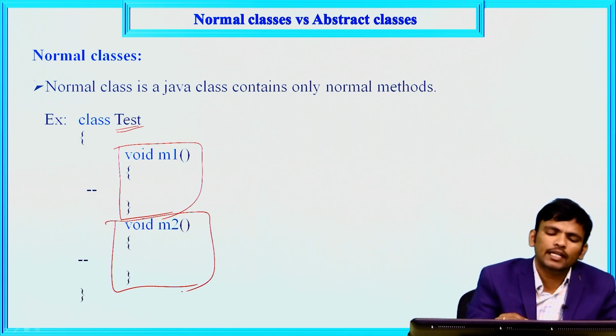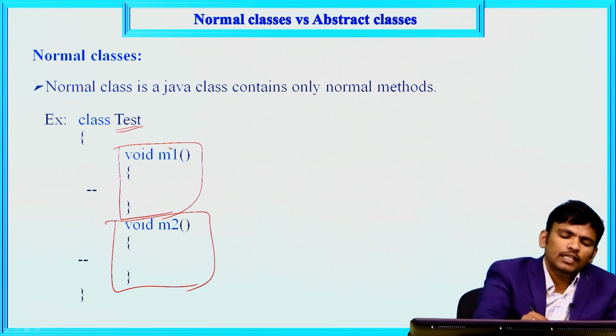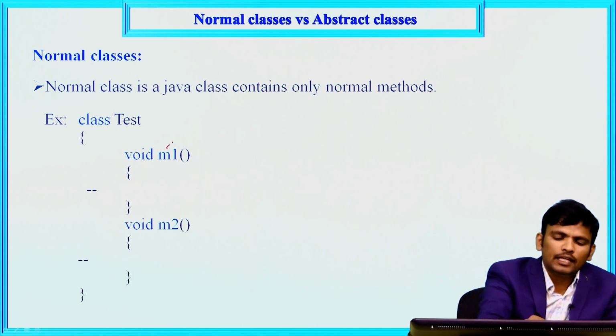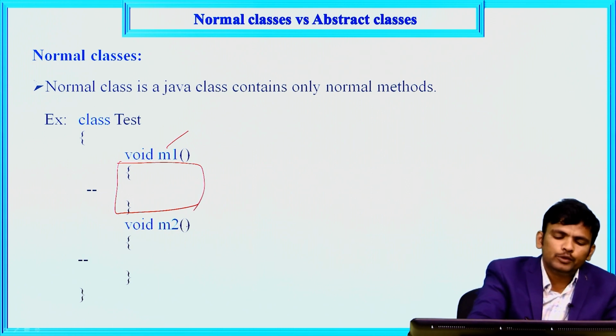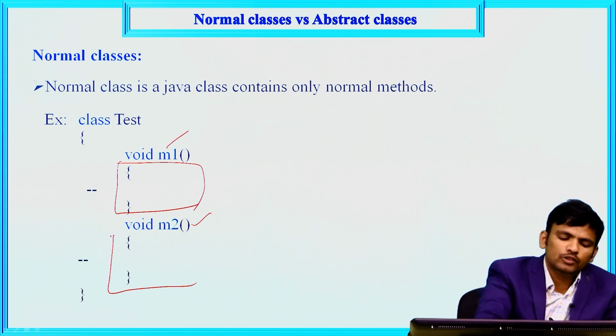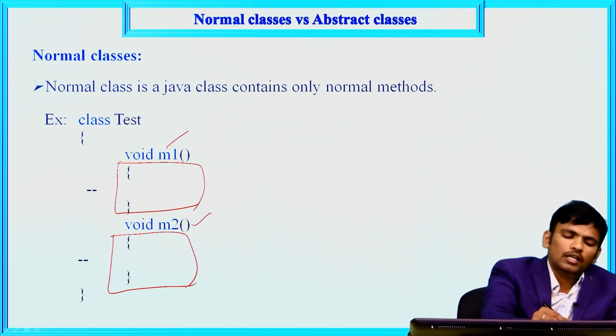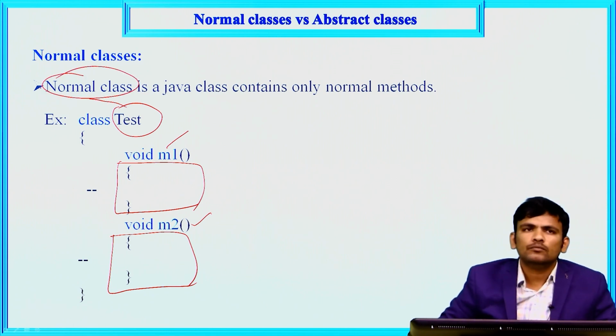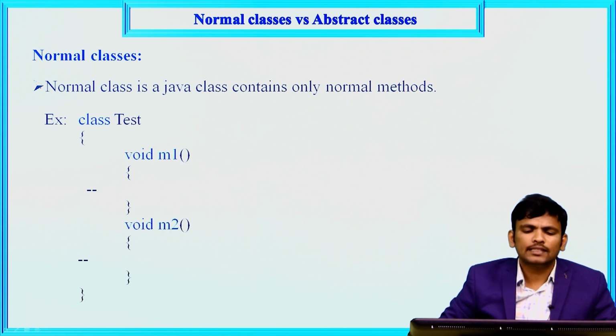M1 has the declaration part as well as the definition part, and if you observe, M2 also has a declaration part and a definition part. So the class Test is a normal class. A normal class contains only normal methods, simple.